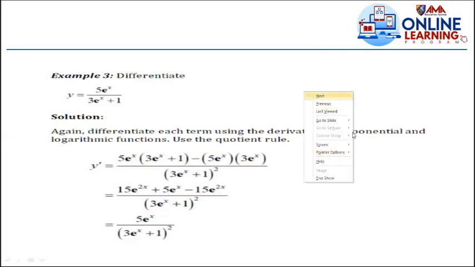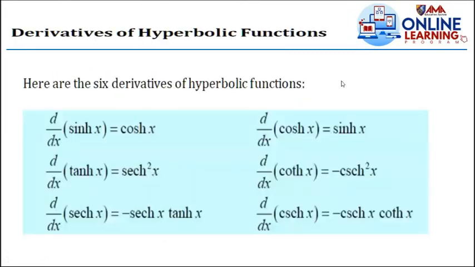Okay, so we're already done with your logarithm and exponential functions. By this time, we have the last topic, which is the derivative of hyperbolic functions. So for short, here are the 6 derivatives of hyperbolic functions, or your 6 trigonometric functions.